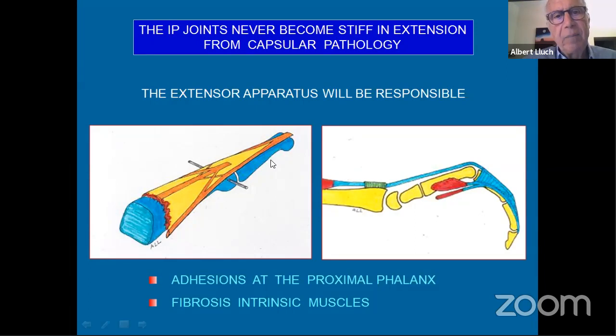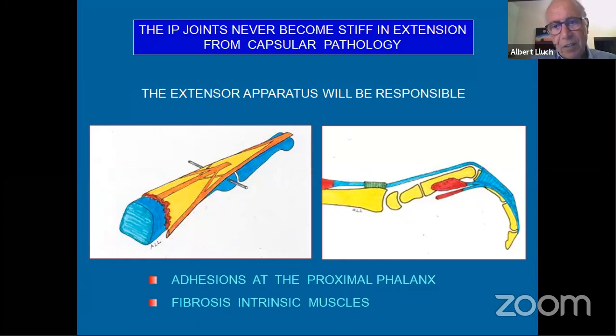If you have a limitation of flexion or stiffness in flexion of the PIP joint, it will always be due to problems with the extensor apparatus, always, not from a joint problem, not from the capsule or from the skin, either from adhesions of the extensor apparatus in the proximal phalanx or a fibrosis of the intrinsic muscles. A fibrosis and retraction of the intrinsic muscles will prevent the PIP joint from flexing, because they cause extension of the PIP joint.